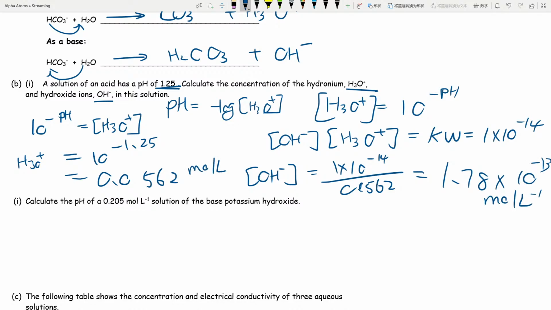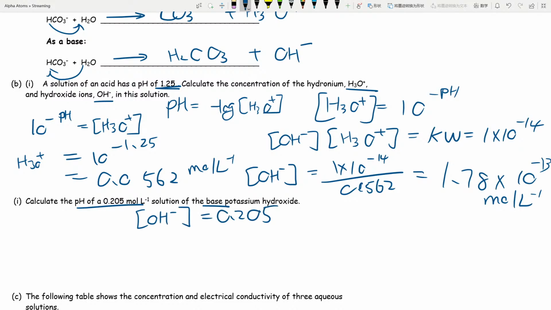Moles per liter. Okay, now calculate the pH of a 0.205 mole per liter solution of the base potassium hydroxide. When you get a base calculation, there are two ways of doing this. We know the OH minus concentration is 0.205.